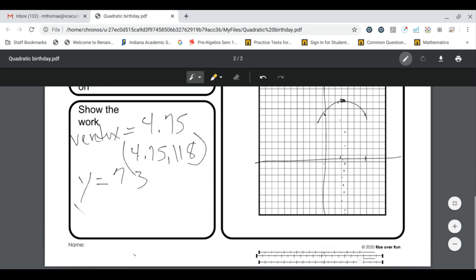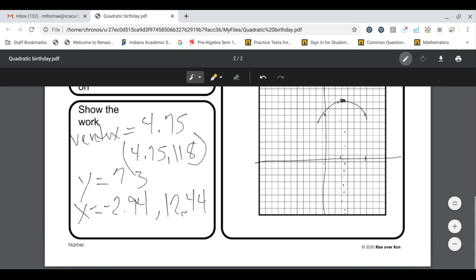Now I'm just looking for my two x-intercepts, and we're going to do the quadratic formula. Remember, opposite of b plus or minus square root of b squared minus 4ac all over 2a. When I do that, I get a negative 2.94 for one, and a positive 12.44.